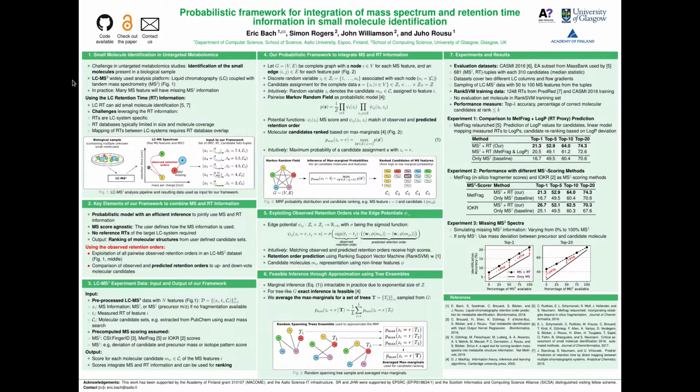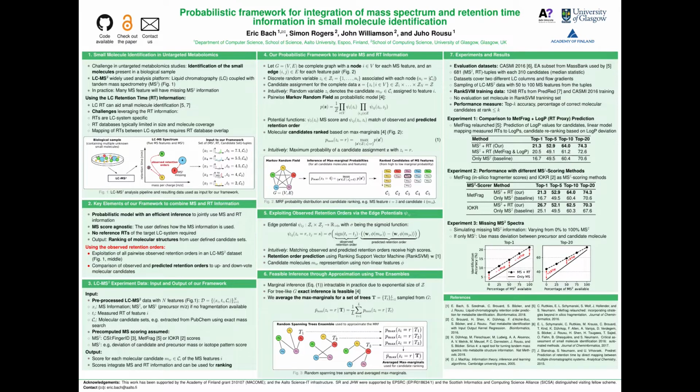We consider the case that you analyze your data with liquid chromatography, tandem mass spectrometry, LC-MS, but we also tackle the case that maybe you don't have tandem MS information for all the MS features in your dataset. So the main focus of our work is how do you actually utilize the LC retention time information.